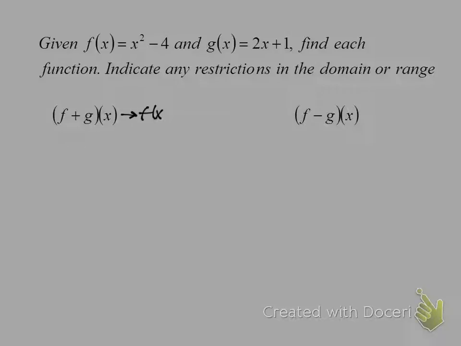So f of x plus g of x, like that. Now, f of x is what? x squared minus 4. So you sub x squared minus 4 in for f of x.